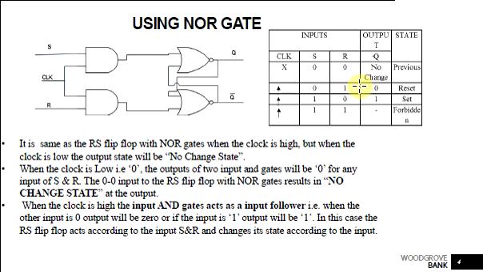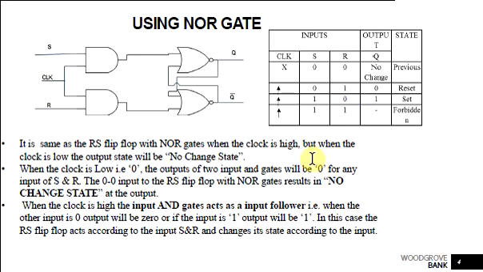When S is 0 and R is 1, that corresponds to reset, where Q is equal to 0. When S is equal to 1 and R is equal to 0, it corresponds to the set state, where the output is 1. Again, when the clock is activated and both S and R are equal to 1, it leads to the forbidden condition, which is not allowed.